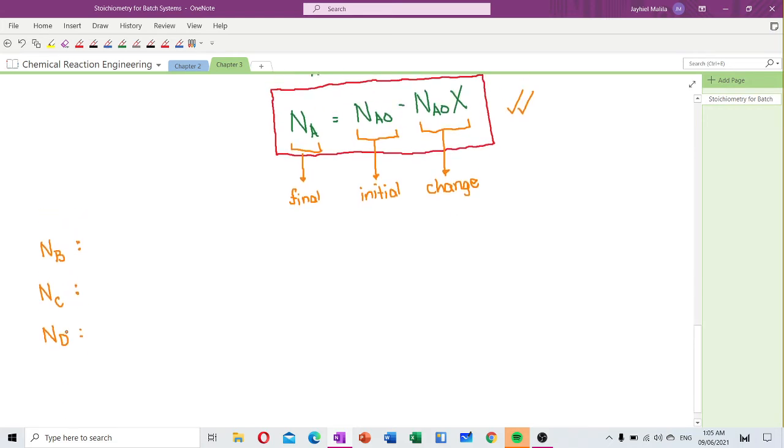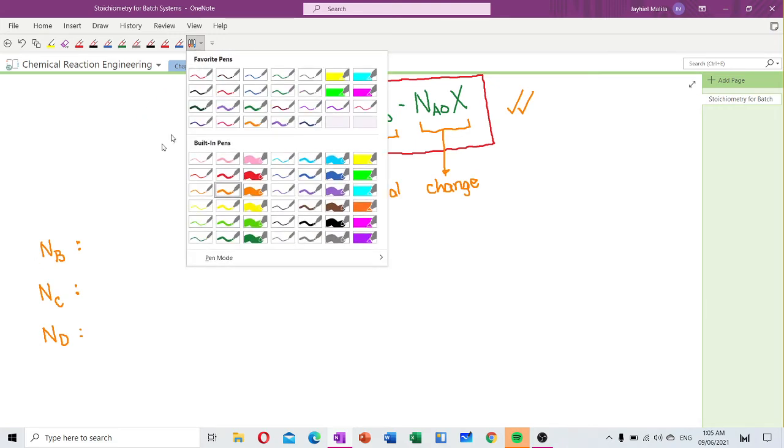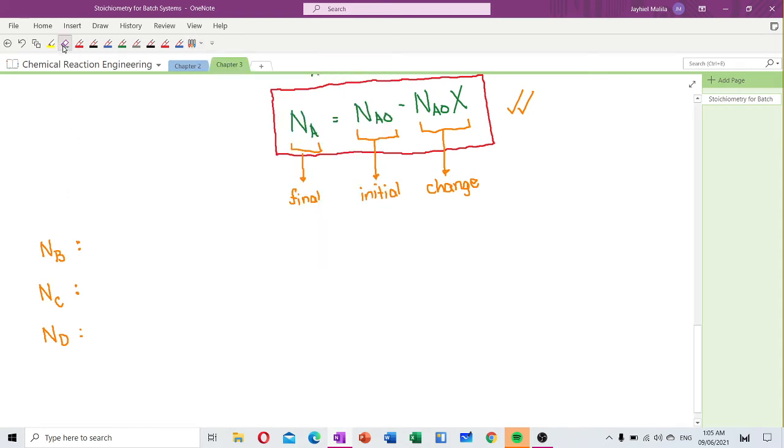We are already familiar with the fact that the initial values of Nb... I think it would be better to write it in this manner.